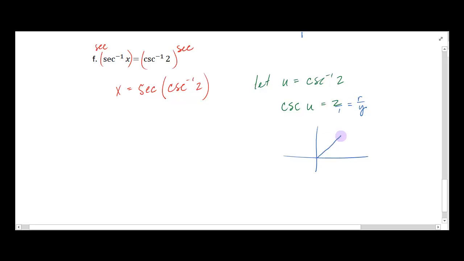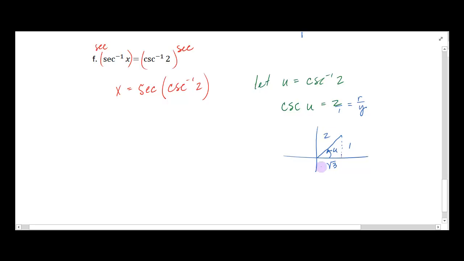It tells me that I have a hypotenuse right here of 2. I have a leg of 1. And if I did Pythagorean's theorem, I would find out that this remaining leg over here is the square root of 3. So this is the angle u. And when I look at the angle u, I have x is equal to the square root of 3, y is equal to 1, and r is equal to 2.